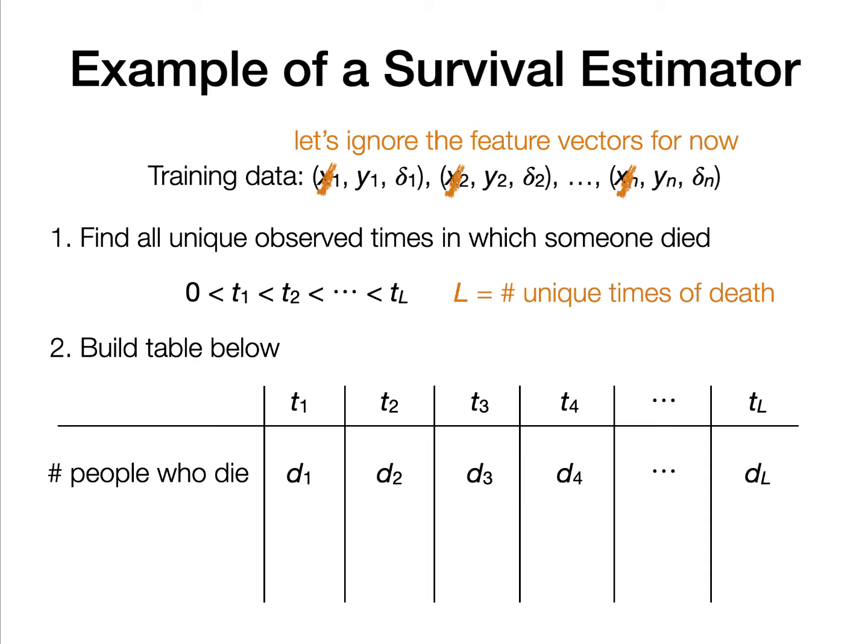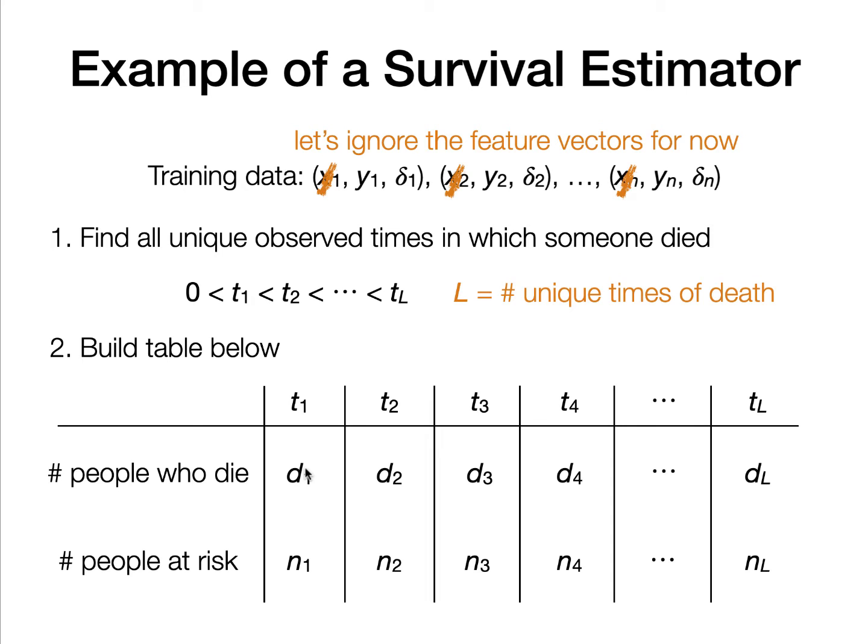The other thing I am going to keep track of is the number of people that are at risk. Okay? This is the number of people that could possibly die at these different time points. And I'll call these N1, N2, N3, all the way to NL. Okay? So I'll just say this part neatly handles censoring in the following manner. N2 is not necessarily equal to just N1 minus D1.